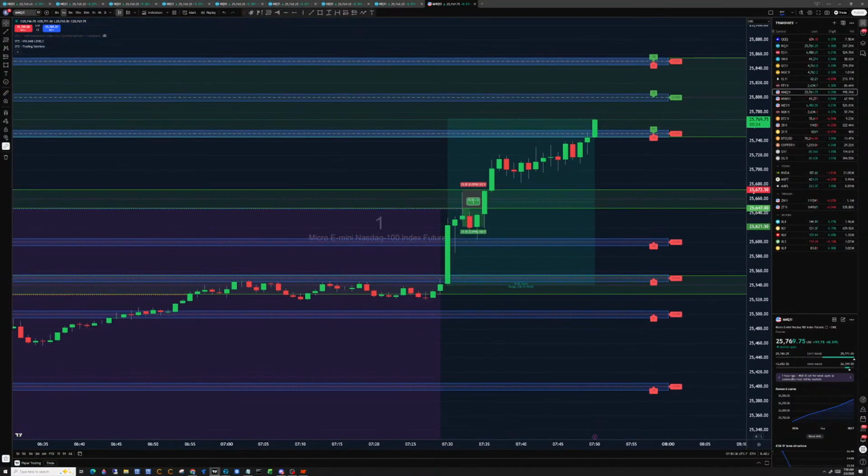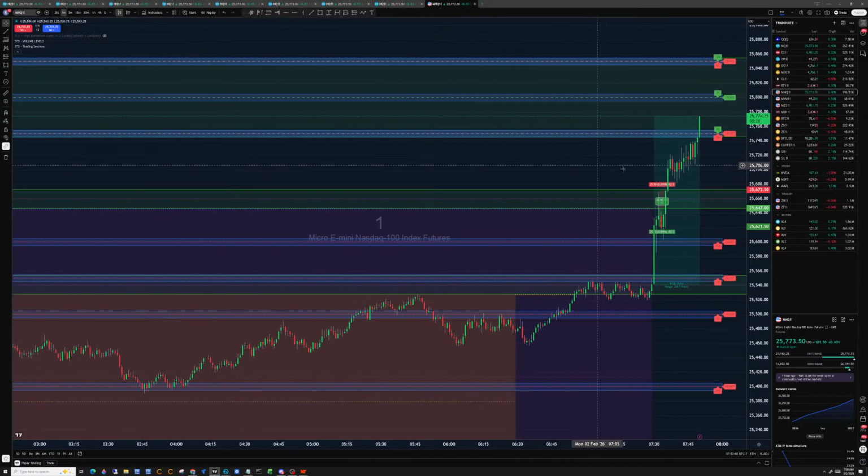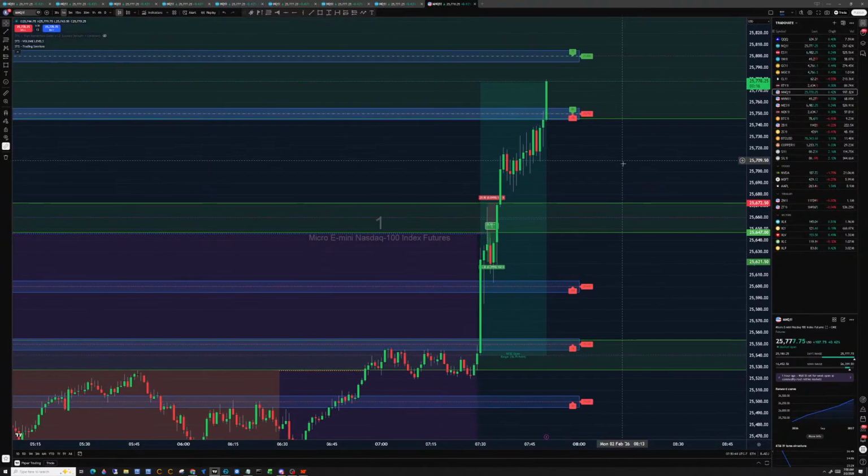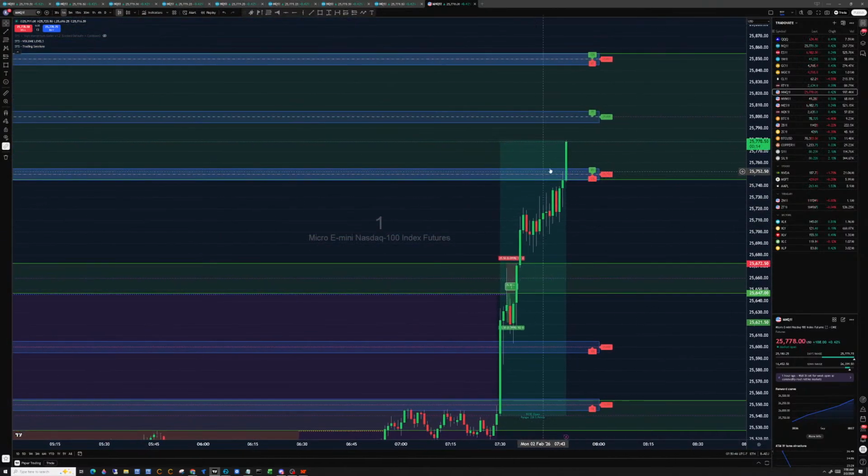Starting to eat through these levels now. Big nice little candle right here. Looks like this one might try to go straight through. Nice.